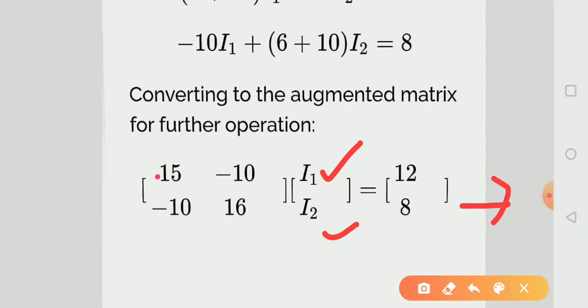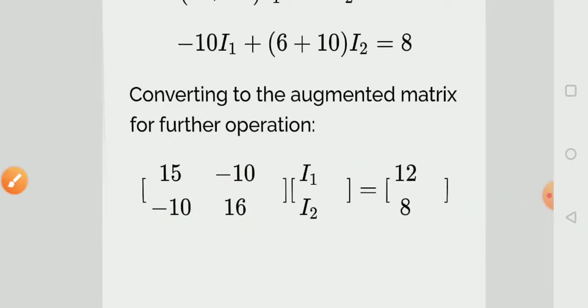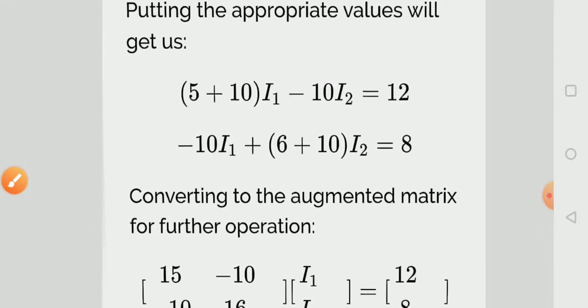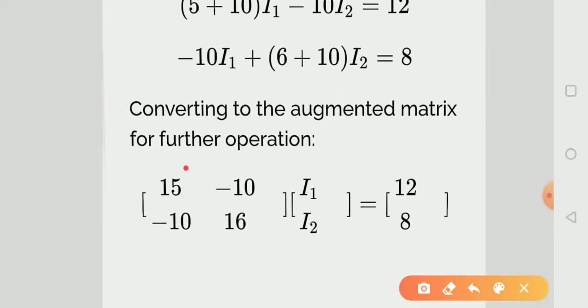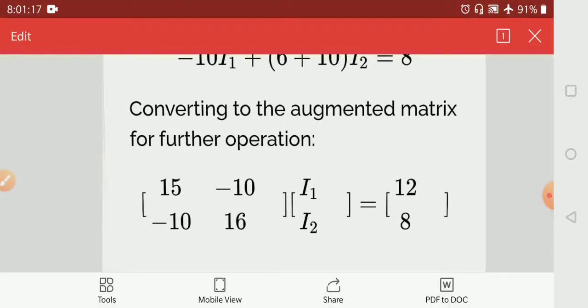This is row 1 and row 2 and this is column C1 and C2. So 15, minus 10 and 16 are the values and I1 and I2 are the variables, equal to the voltage values V1 and V2.